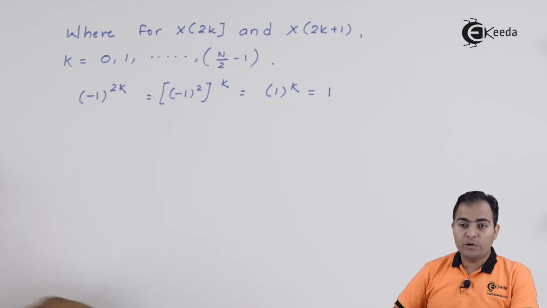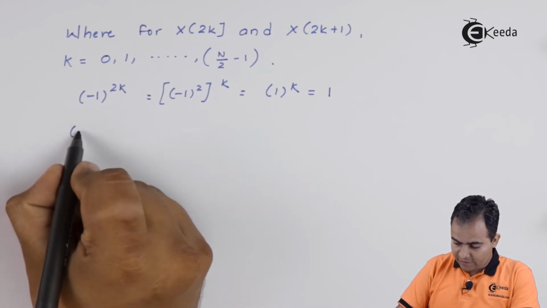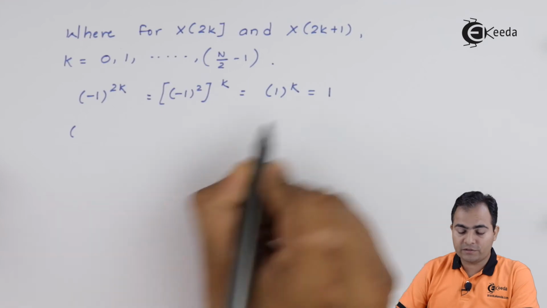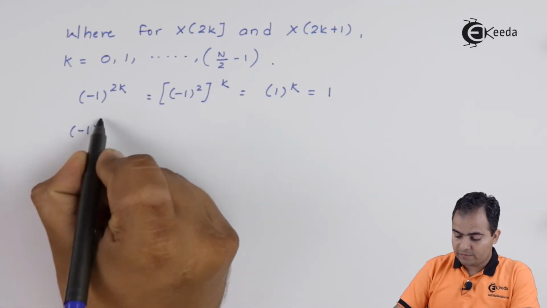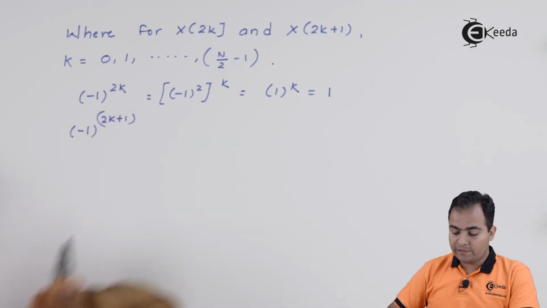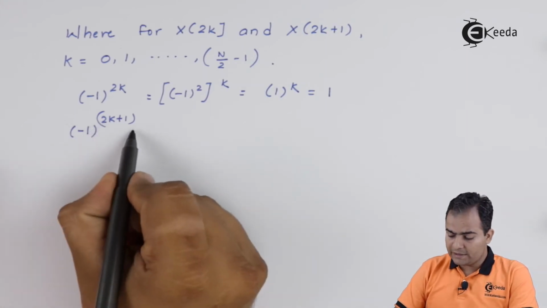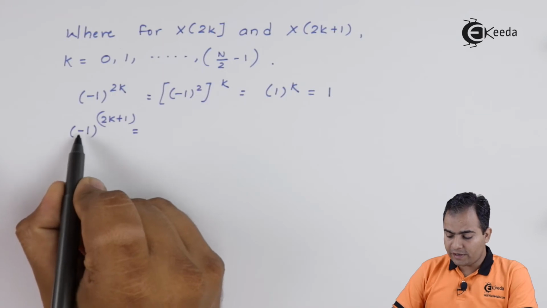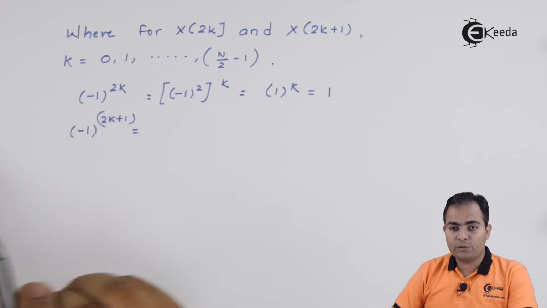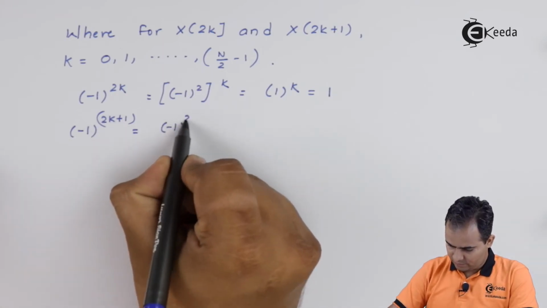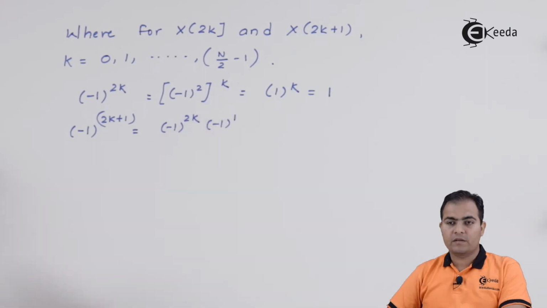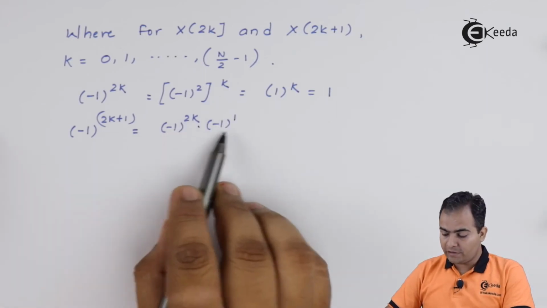Now we will move on to the next value. In the even part we have calculated the value is 1, but in the odd part we have the value that is minus 1 raised to 2k plus 1. So as I said in the last part also, we can divide our powers into two parts, like minus 1 raised to 2k and minus 1 raised to 1.